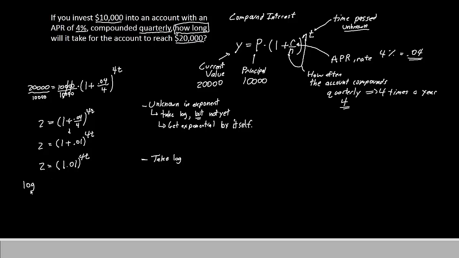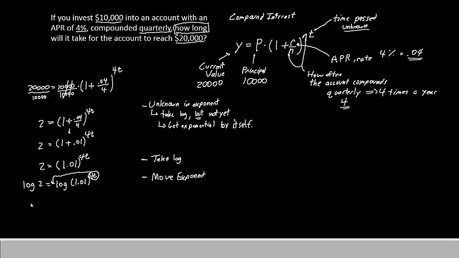So let's put common log 2, common log of 1.01 raised to the 4t. Now that you have the logs on board on the left and right, you are allowed to move the exponent. So we'll take the 4t off the exponent and move it in front of the log.